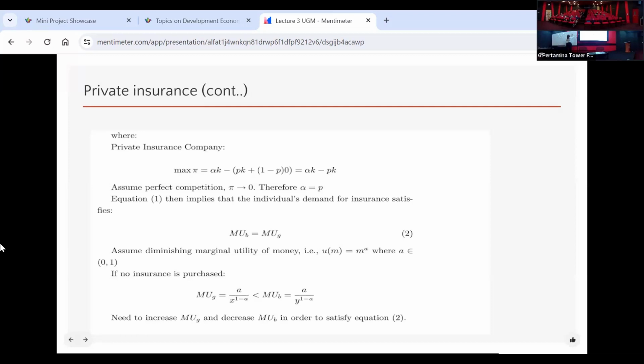This is total costs. So all the benefits are total revenue minus total costs. Okay? In perfect competition, because there are hundreds of insurance markets, the expectation of profit is equal to 0. Therefore, alpha is equal to P.